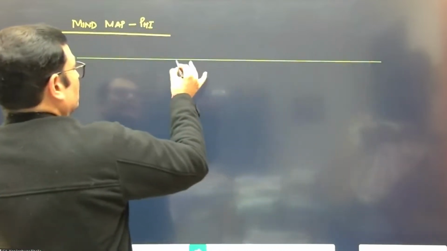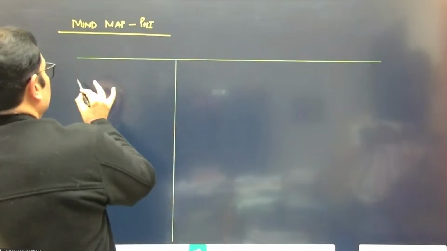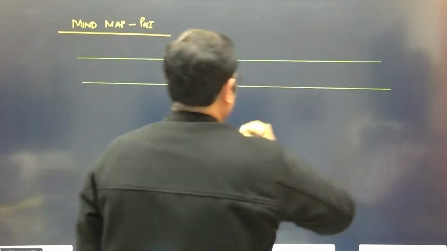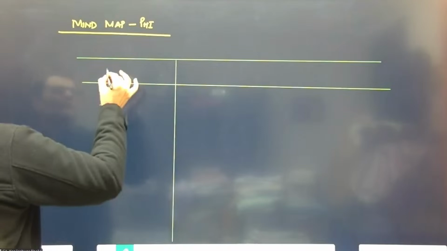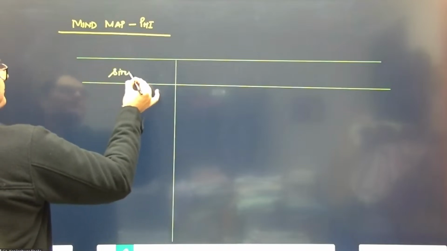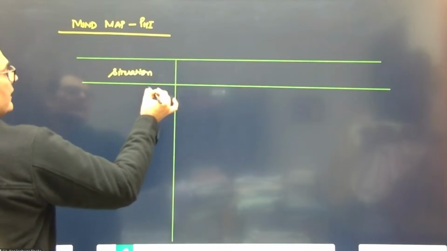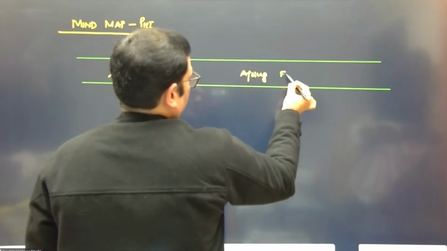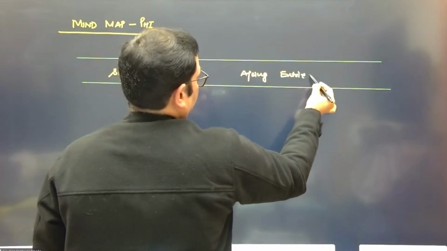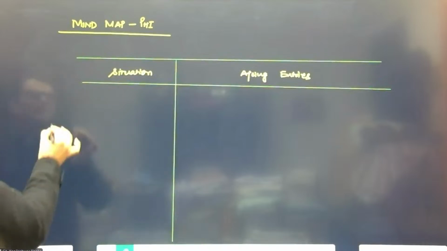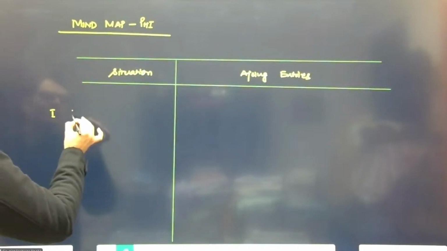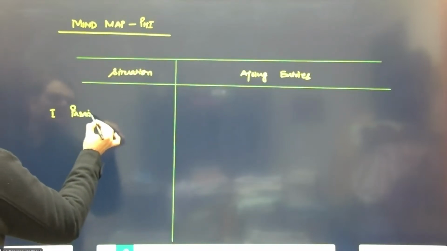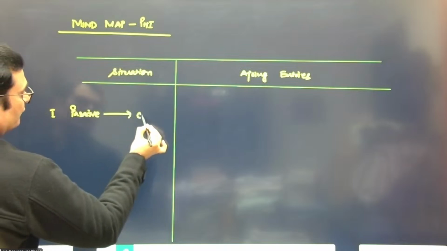I'm going to give you the entries which you are going to pass under different permutations and combinations. So I'm looking at a situation and I'm looking at the accounting entries. The situation number 1 is a conversion from passive to a situation of control.